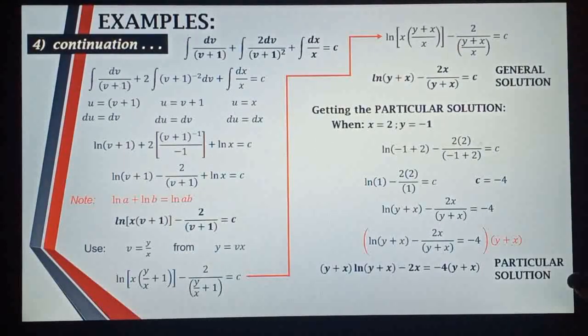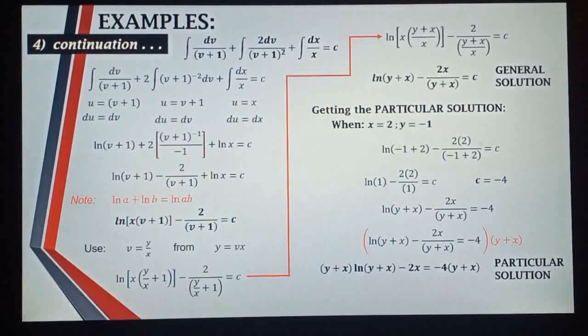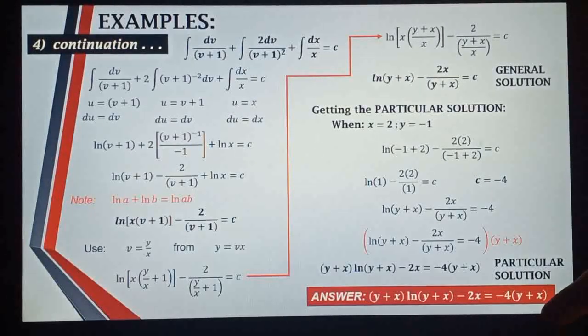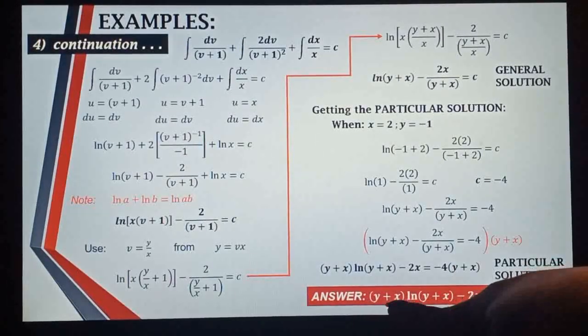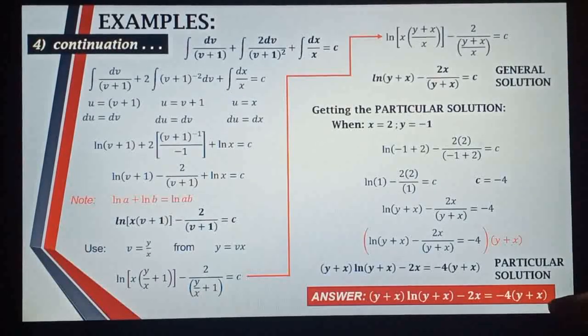So, this is now your particular solution since wala nang presence ni arbitrary constant c. So, this can be your final answer for this problem, which is the quantity of y plus x multiplied to ln of the y plus x minus 2x equals negative 4 of the quantity y plus x.